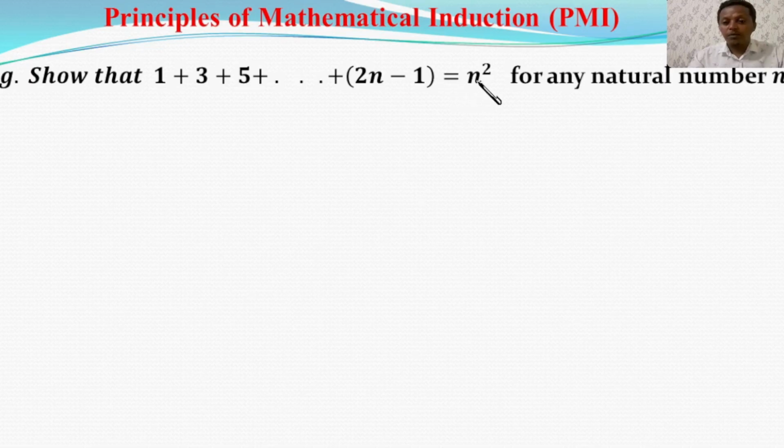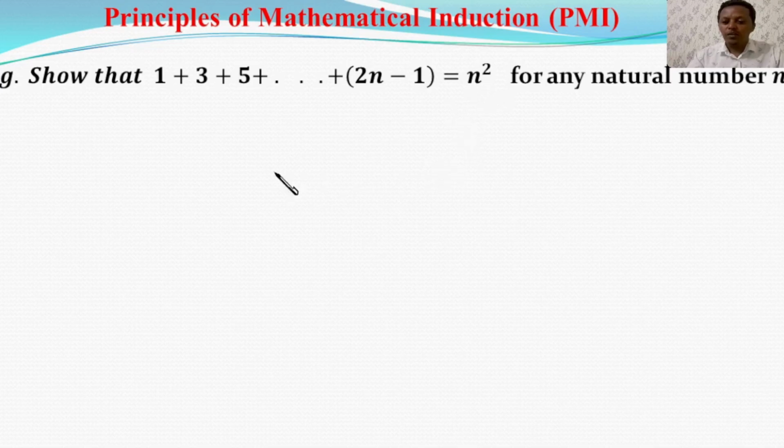That means when n is 1, the first odd natural number is 1. So 1 is equal to 1 square. When n is 2, the sum of the first two odd natural numbers, 1 plus 3, is 4. So 2 square is 4.